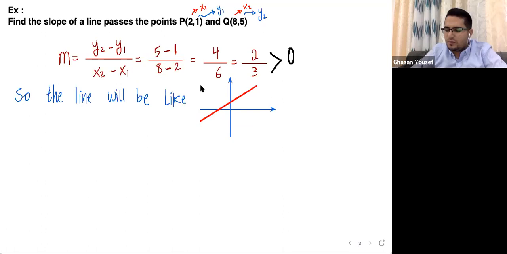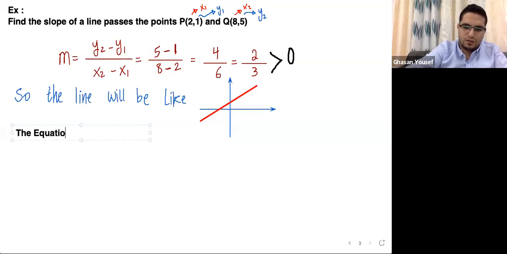Now I'm going to define the equation of the line. After you know the equation of the line, you will see it's a linear equation. So here I can set the equation of line.